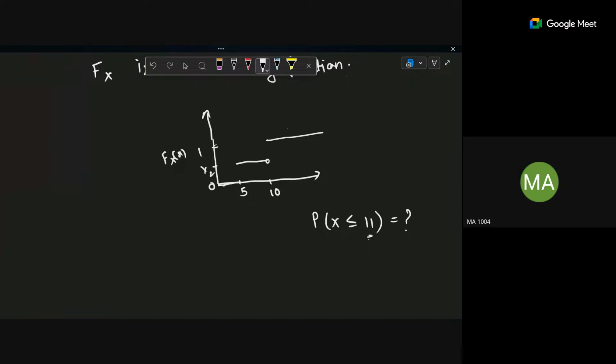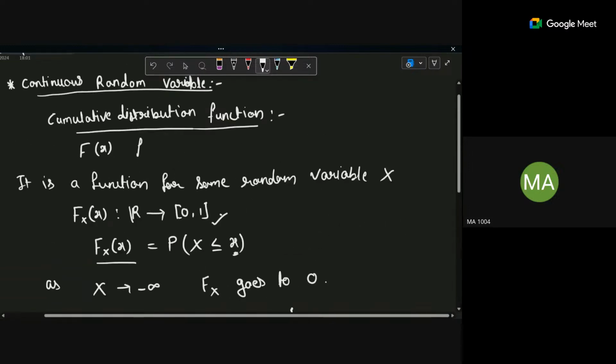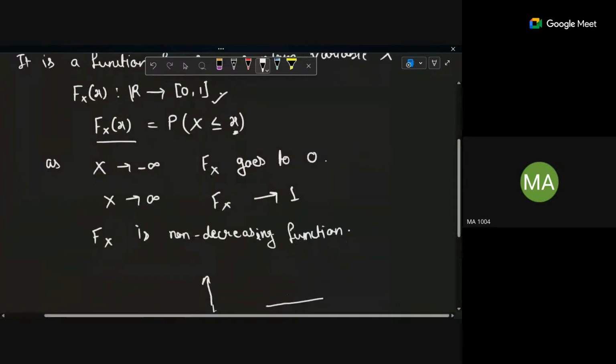But this particular case is not continuous; I'm just introducing how a CDF will look. It will always be increasing. That was the purpose of this example. We started with the cumulative distribution function because to define a continuous random variable, we need the base of CDF. That's why I started with it.